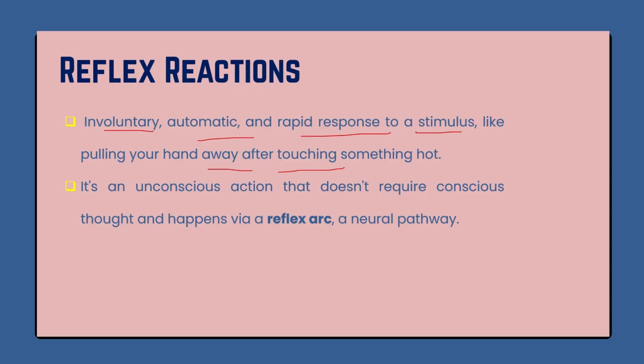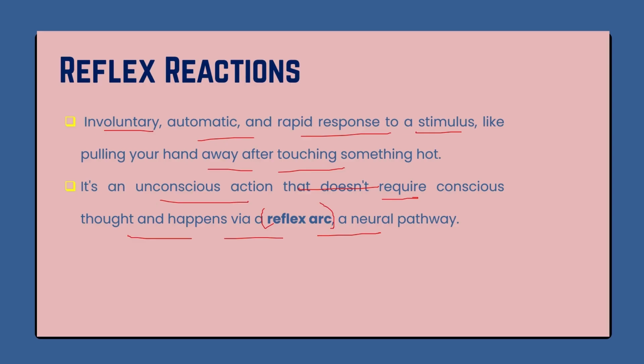It's an unconscious action that doesn't require any conscious thought and that happens via a reflex arc or a neural pathway. And how does it happen? It happens through a neural pathway, a path created by the neurons via the spinal cord, and this pathway is called the reflex arc.